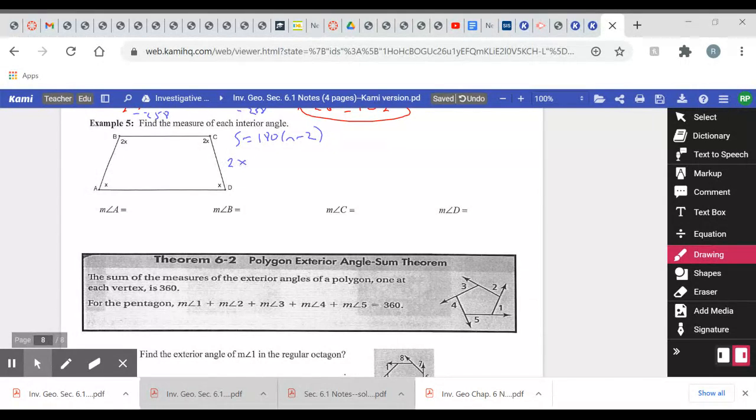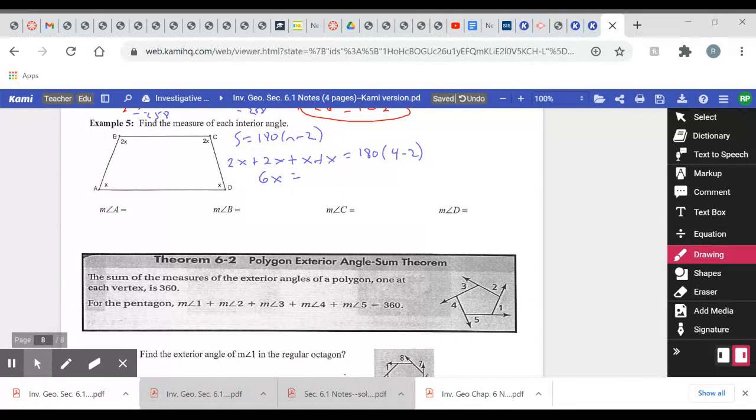So it's 2x plus 2x plus x plus x is equal to 180. Now for the n, I know the figure has 4 sides, minus 2. So that part's the same as what we did a minute ago. If I add up all my x's, 2x plus 2x plus x plus x, I have 6x.